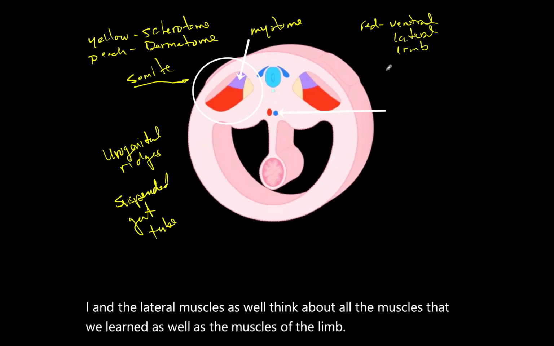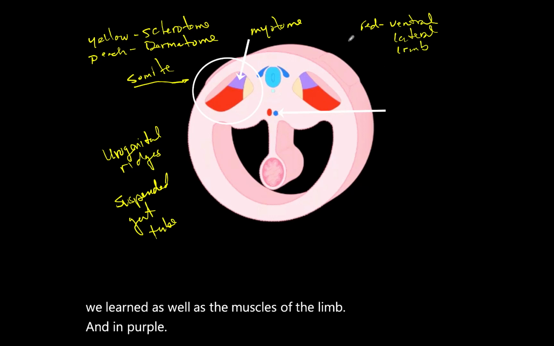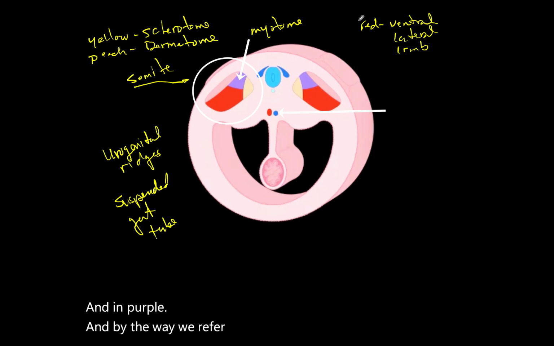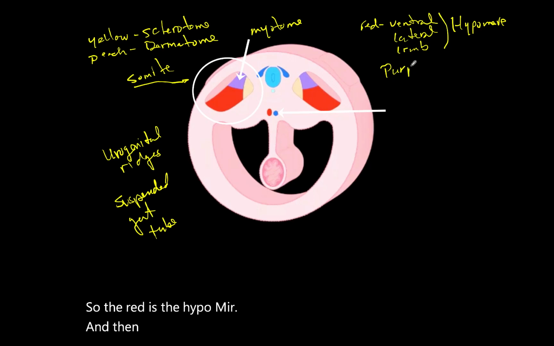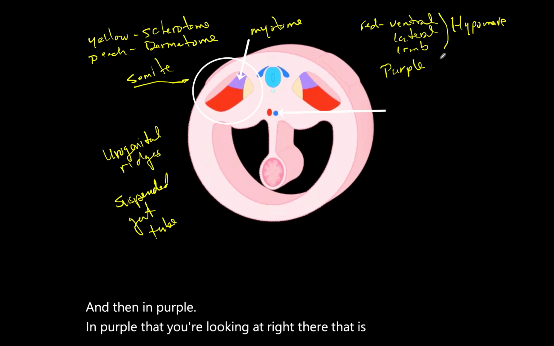By the way, we refer to the red as the hypomere. And then the purple that you're looking at right there is the epimere.